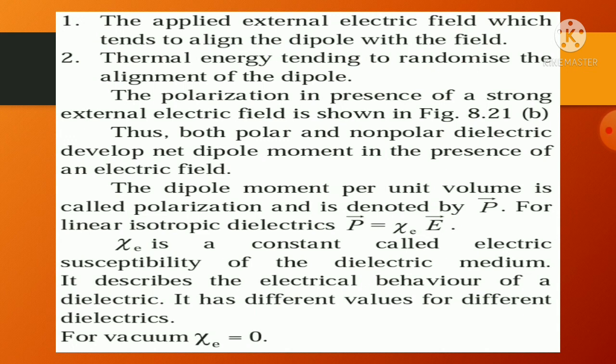For linear isotropic dielectrics, we can write the equation as P bar equals chi E times E bar, where chi E is a constant called the electric susceptibility of the dielectric medium.